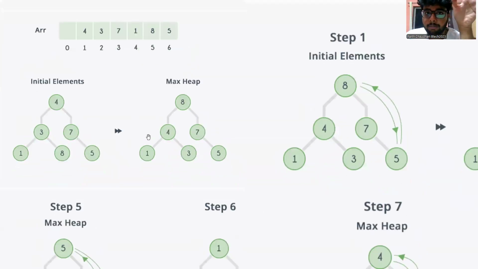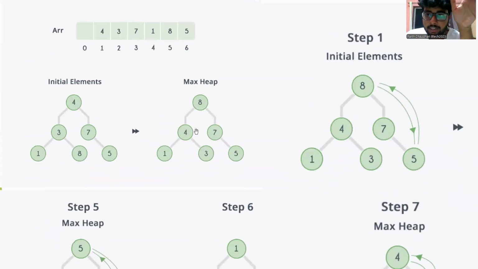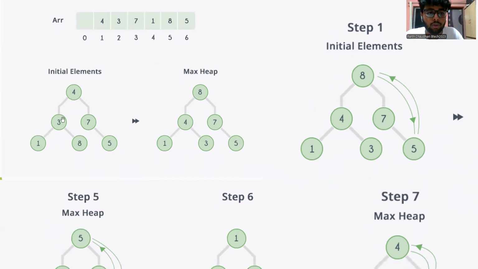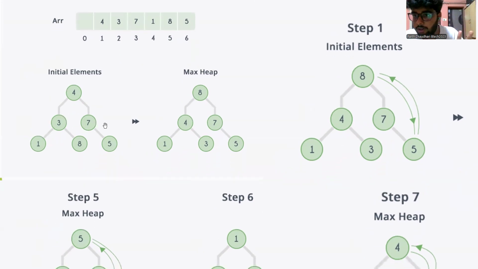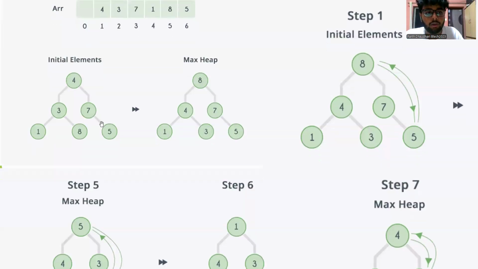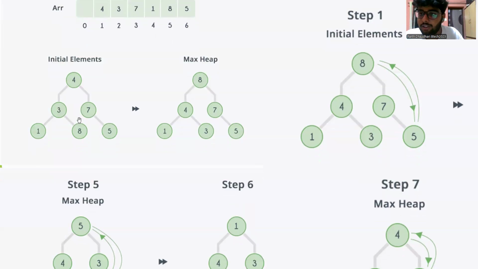As I told, the property of a max heap is that the parent element should always be greater than the child element. First of all, we'll not touch the leaf or the bottom elements of this tree. What we'll look at are the non-leaf elements of this tree.